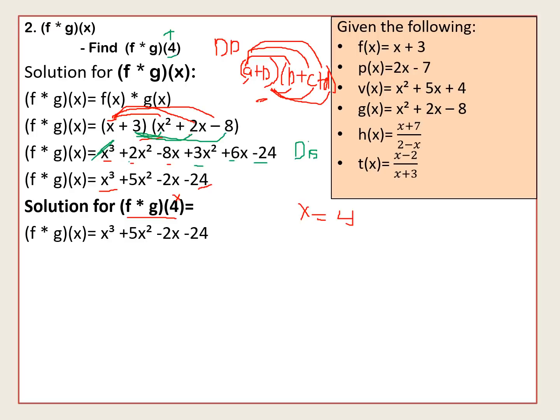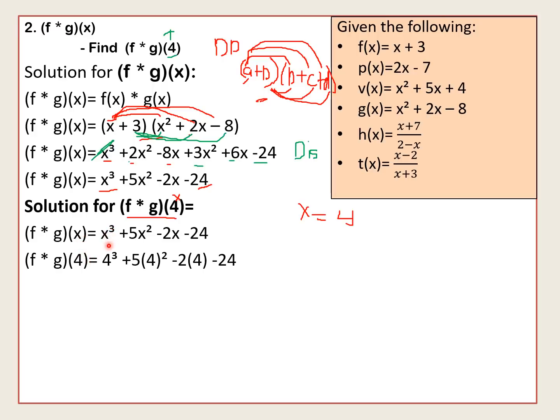So, f times g of x equals x cubed plus 5x squared minus 2x minus 4. Sinulat ko lang siya. After nating masulat, that's the time na kailangan na natin i-substitute si 4 sa lahat ng x dito. Okay? So, magiging f times g of 4 equals x cubed.